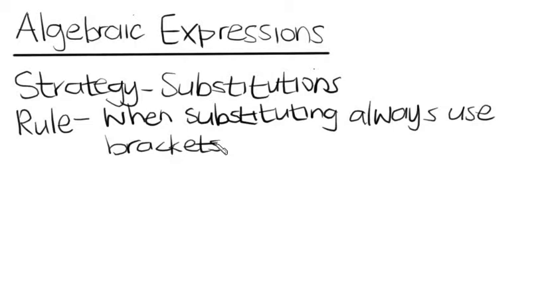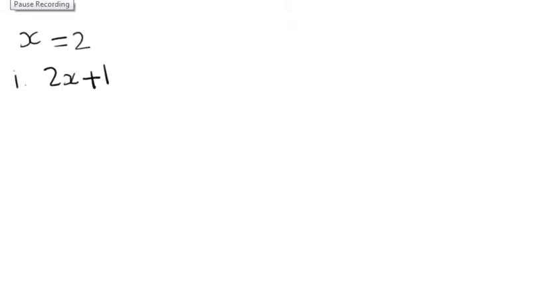Okay, so if I have x, x is equal to 2, and the expression that is given to me is 2x plus 1, then whenever I see the variable x, I'm going to replace it with the value of 2, because they are telling me that x is equal to 2.